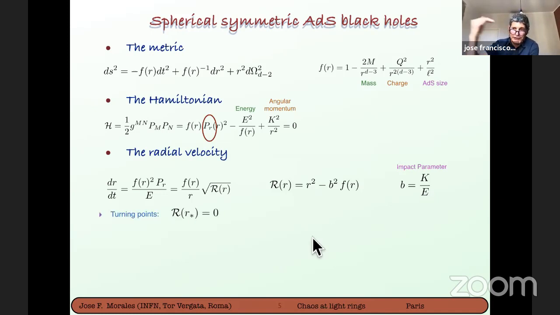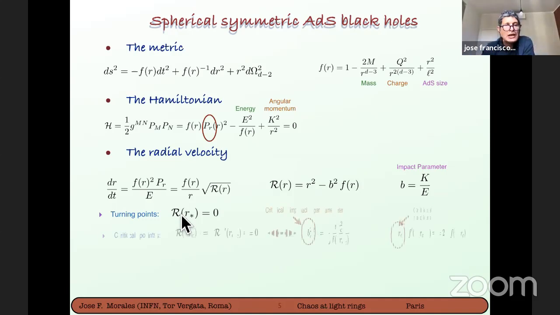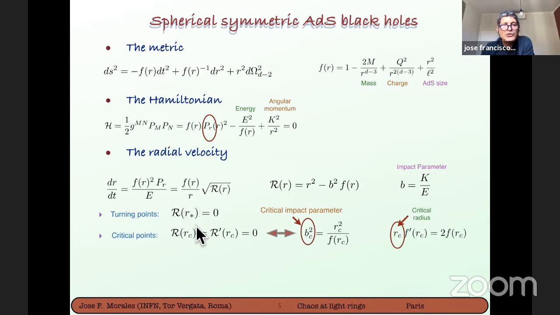Now, if you come from infinity, you can face three types of situations. Either you find a zero of this function R, let's say a point r star where it vanishes; the particle reaches the turning point, and bounces back to infinity. Another situation is when you reach a point in which not only R vanishes, but also its first derivative vanishes.